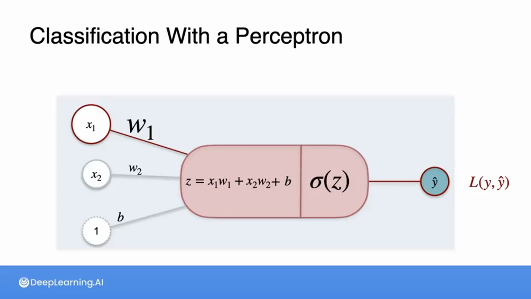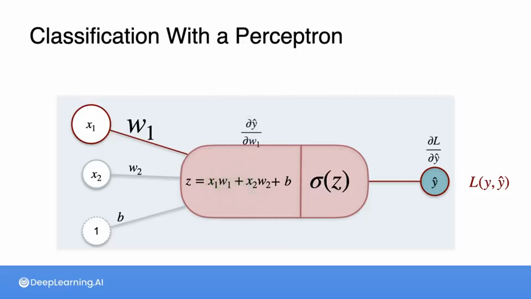So now there are a lot of variables in between L and W1, and one of them is y hat, because y hat affects L. So we need to find the partial derivative of L with respect to y hat. Now, y hat is affected by W1, so we need to find the partial derivative of y hat by W1.